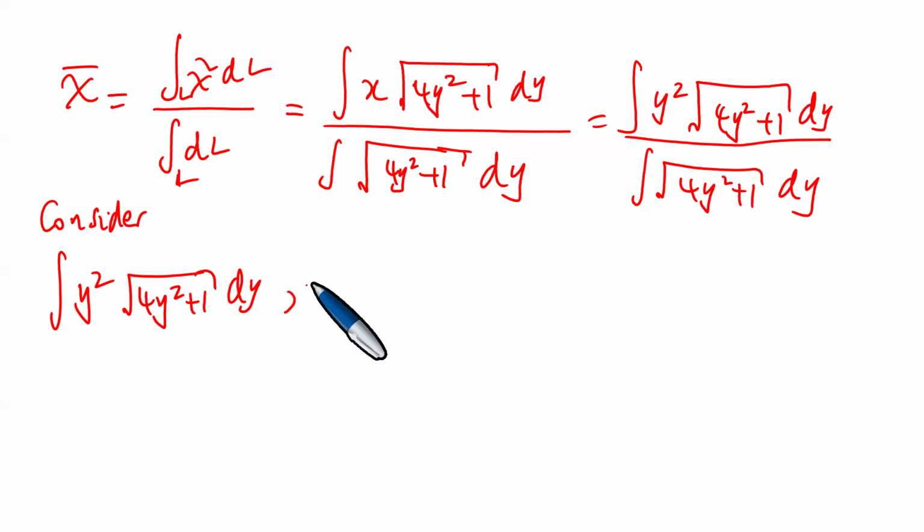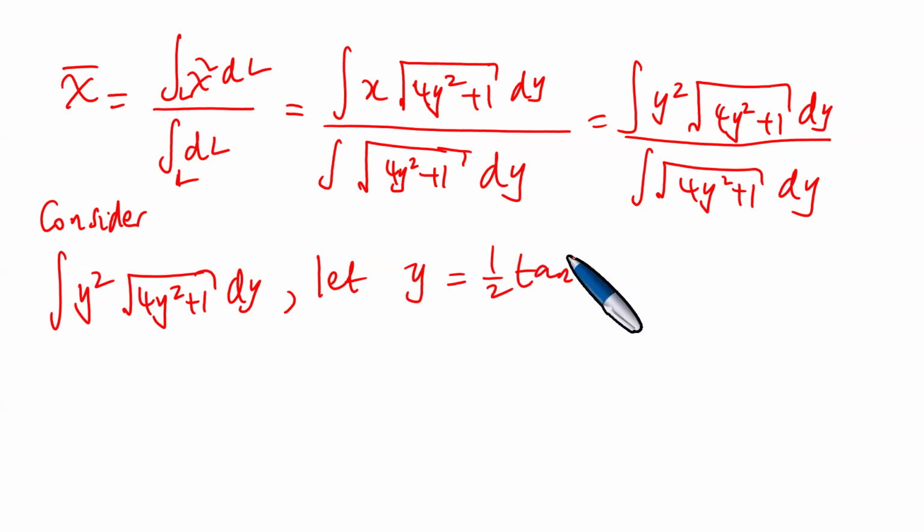And like we saw, we let y be the same as what? We want the 4 to become a 1, to be the same as this number 1. And for the 4 to become a 1, we would multiply it by 1/2 tangent of theta.